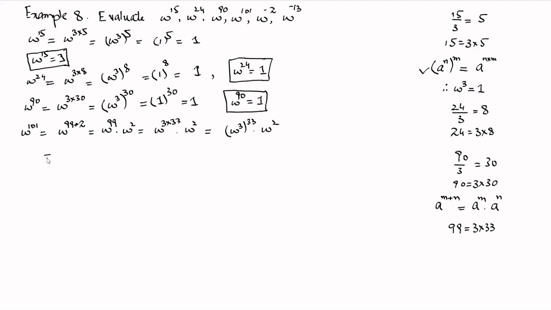Now insert 1 for omega cube, 1 raised to the power 33 into omega square, and 1 raised to any power is 1. So we have 1 into omega square, that is equal to omega square. So we can write that omega 101 is equal to omega square.